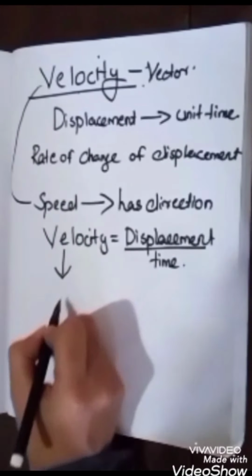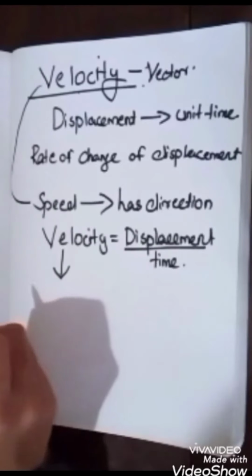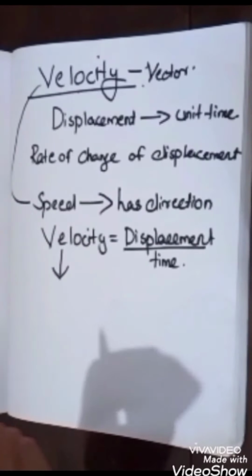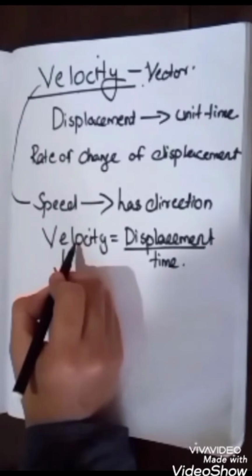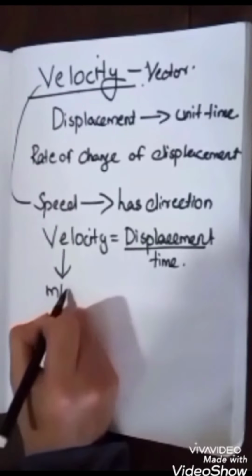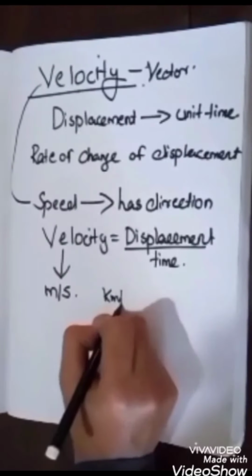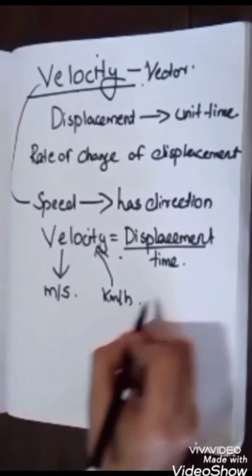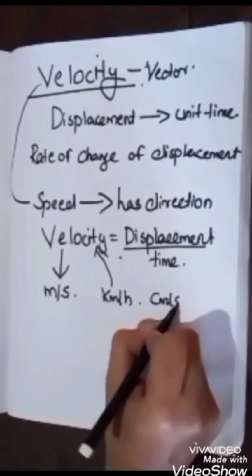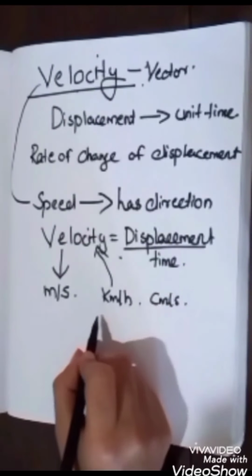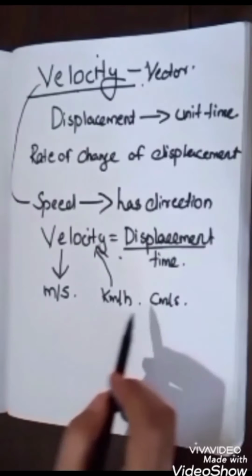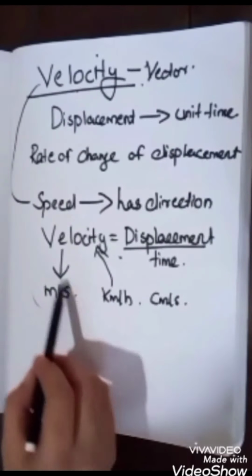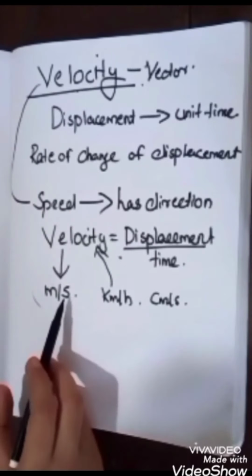The unit of velocity is the same as that of speed. What is the unit of speed? It is meter per second. So, the unit of velocity is also meter per second. Kilometer per hour is a bigger unit of velocity. Another unit is centimeter per second. We usually use meter per second as the unit of velocity.